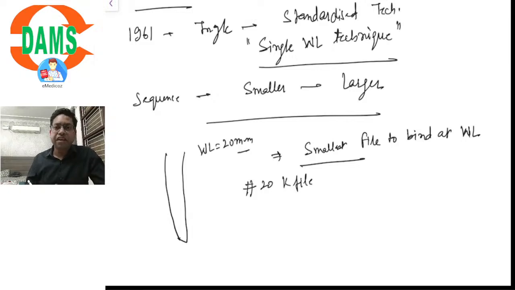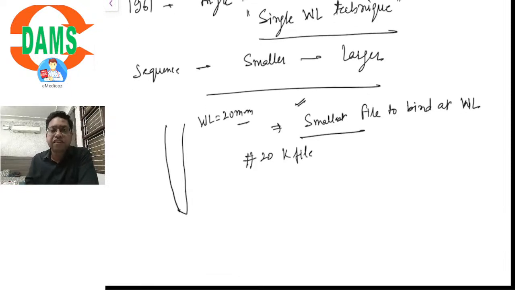It can be number 10, number 15, or number 8, depending upon the geometry and configuration of the root canal. So what we have to remember is that the smallest file to bind at the working length is selected. It is taken to the full working length, which in our example we have taken as 20 millimeter, and then we do circumferential cleaning and shaping.